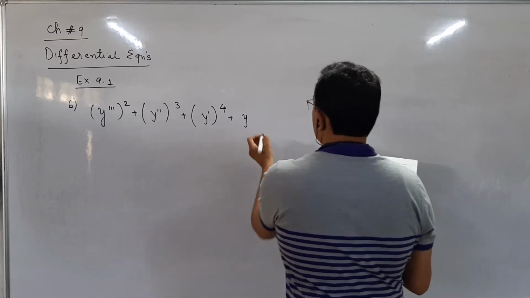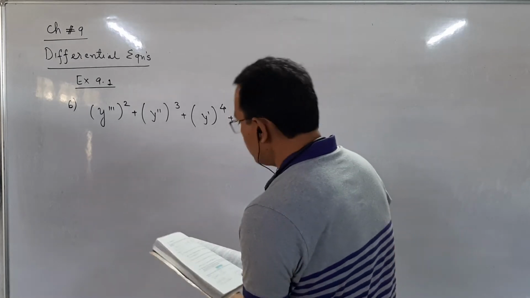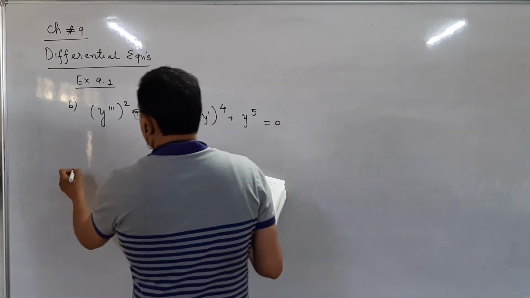I think it is y raised to 5. Let this be 5 over 3. That doesn't matter.